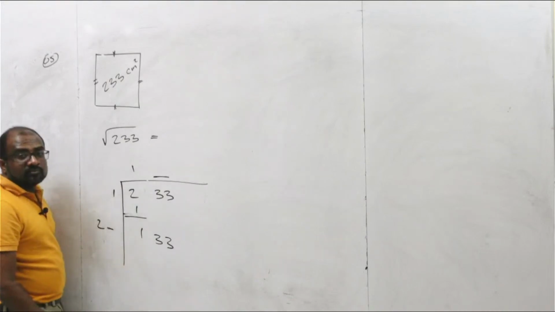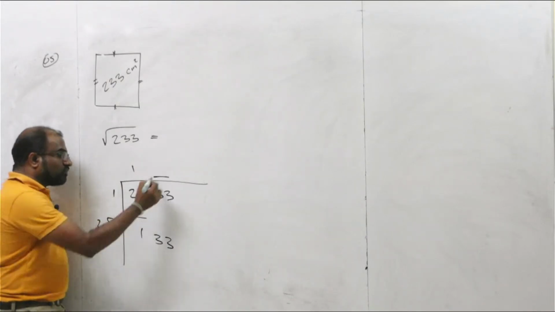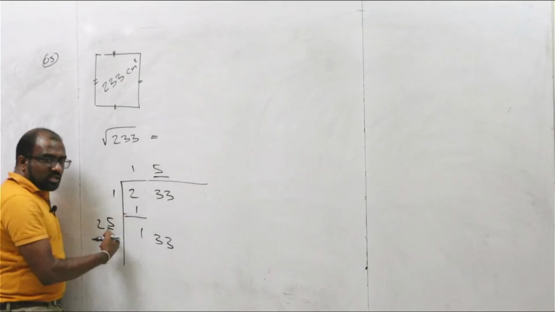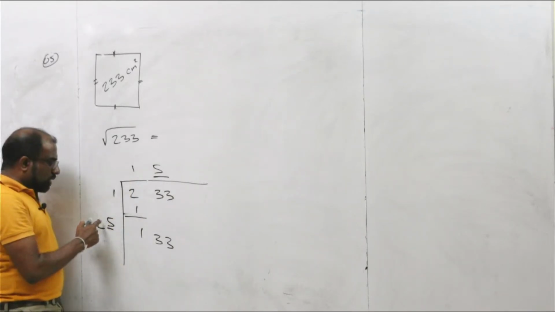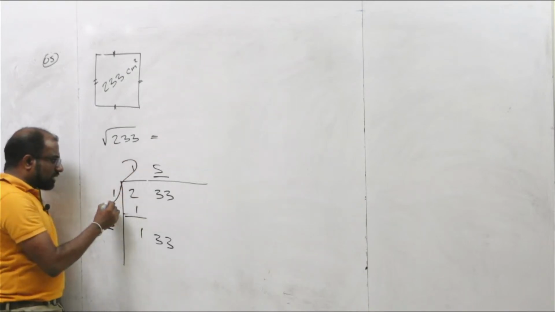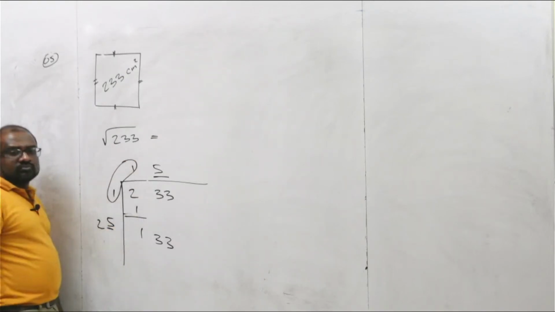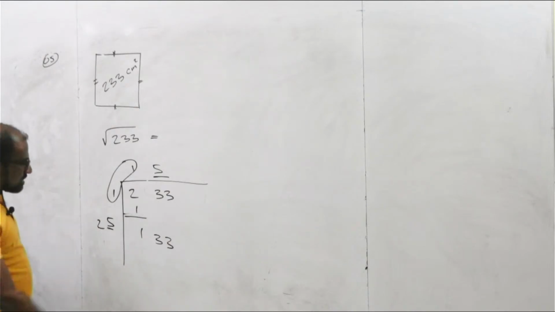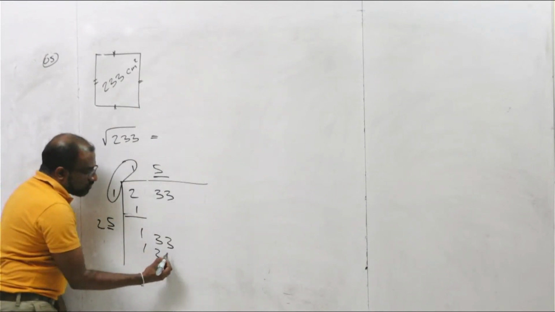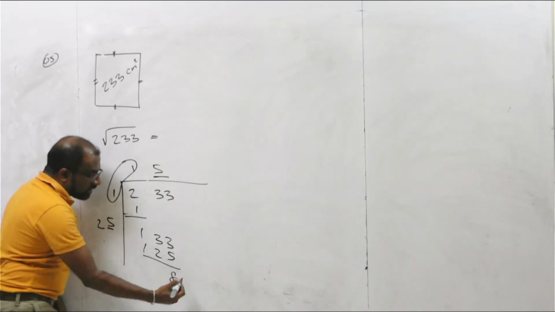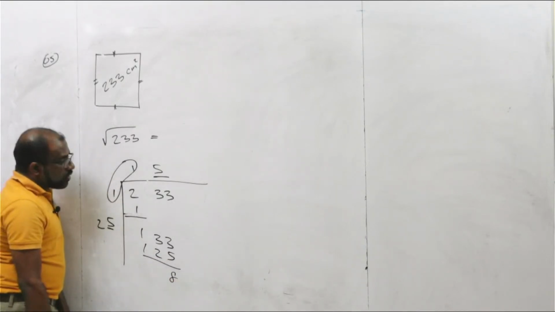You cannot subtract that, so 25 into 5. Always you have to put the same number. 25 into 5 is 125. Remainder 8.